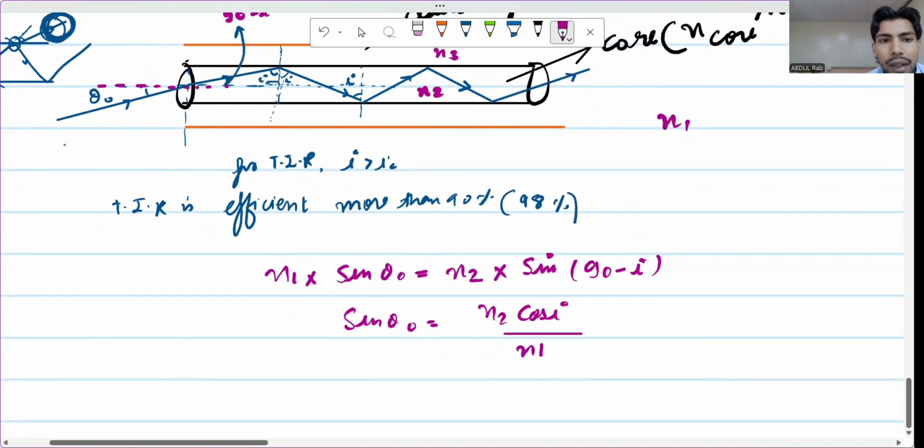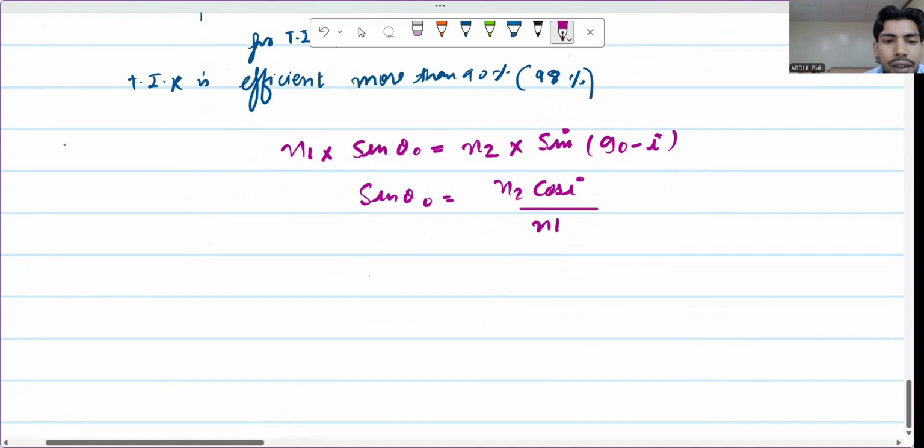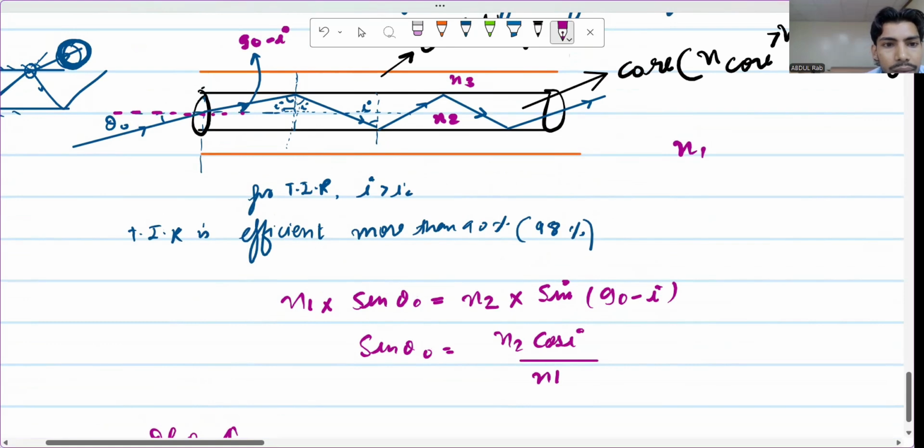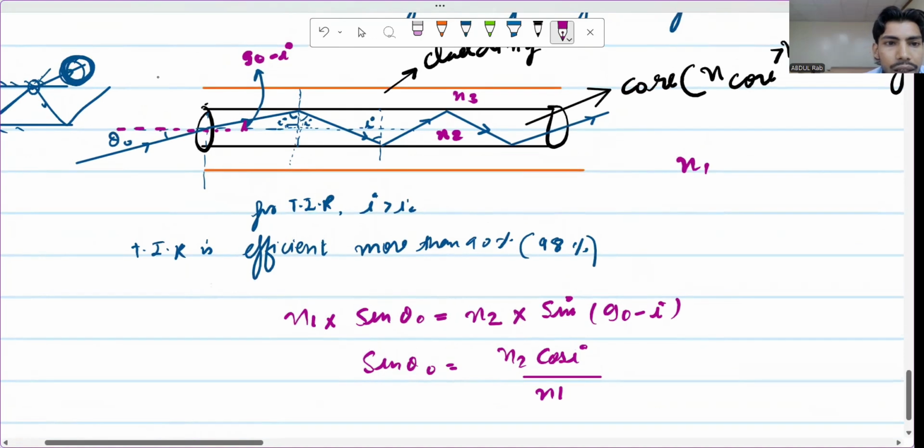Next, can you tell me, if I increase theta naught, what will happen to this angle, 90 minus I? Let me write this angle with another symbol, r.